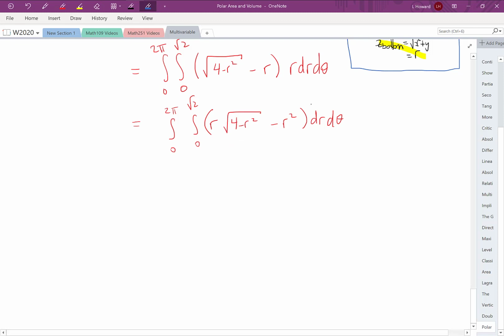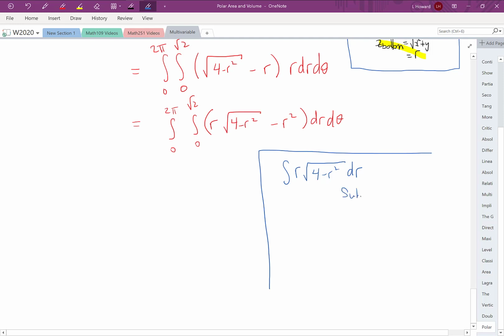So let's just create a box here and we'll do a little bit of side work. All right, so the problem is to integrate with respect to r something that looks like r times root 4 minus r squared. Let's just consider this to be an indefinite integral for the purpose of doing the substitution.